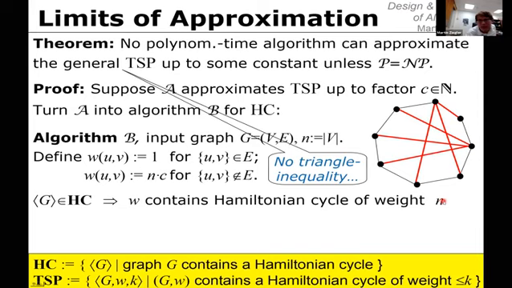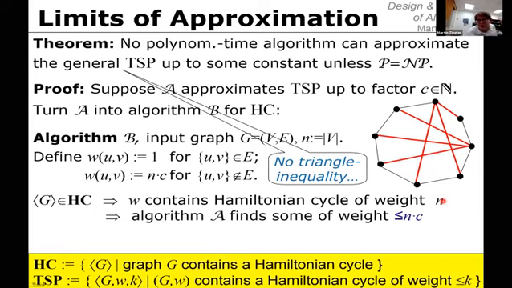That's a kind of cheap traveling salesperson tour in this modified graph, provided that the original graph has a Hamiltonian cycle. And of course that means that an approximation algorithm will find a traveling salesperson tour with total weight at most n times c, because c is the approximation ratio, right?